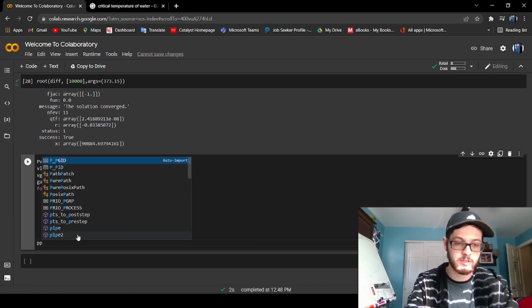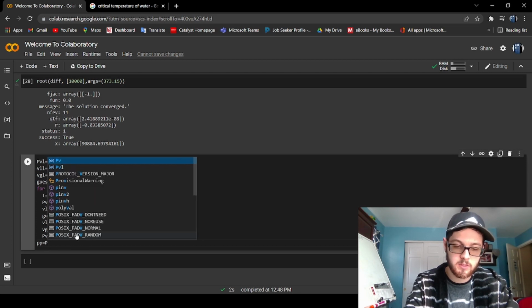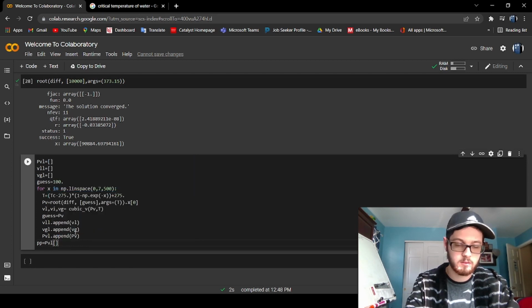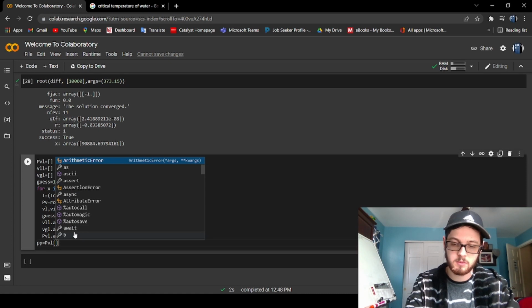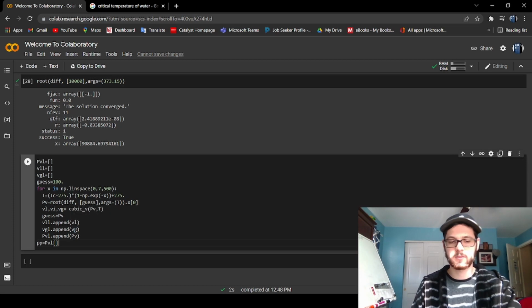So our p plot, or just pp, because I'm lazy, is equal to our PVL list, and that's going to be colon, comma, colon. Ooh, I always forget how to do this.